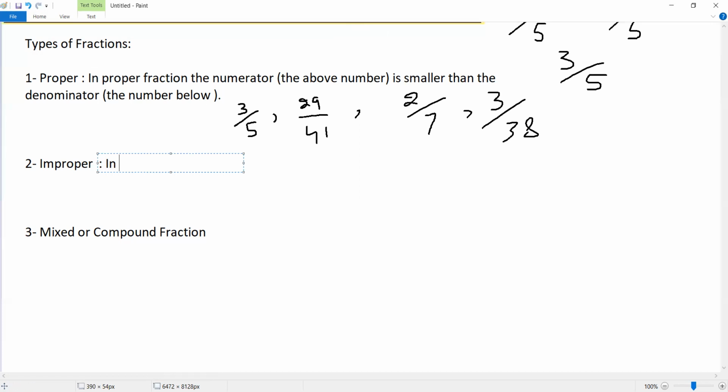So in improper fraction, you can guess it is the opposite. The numerator, that is the above number, is larger than the denominator.